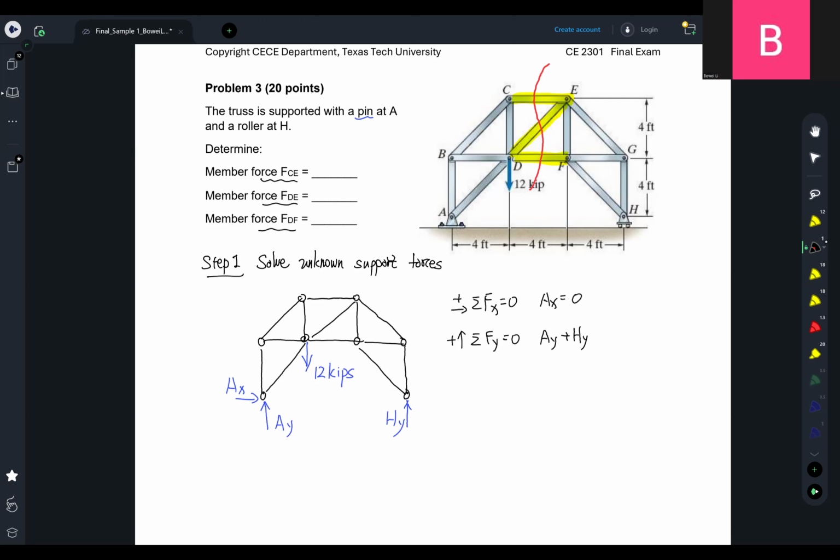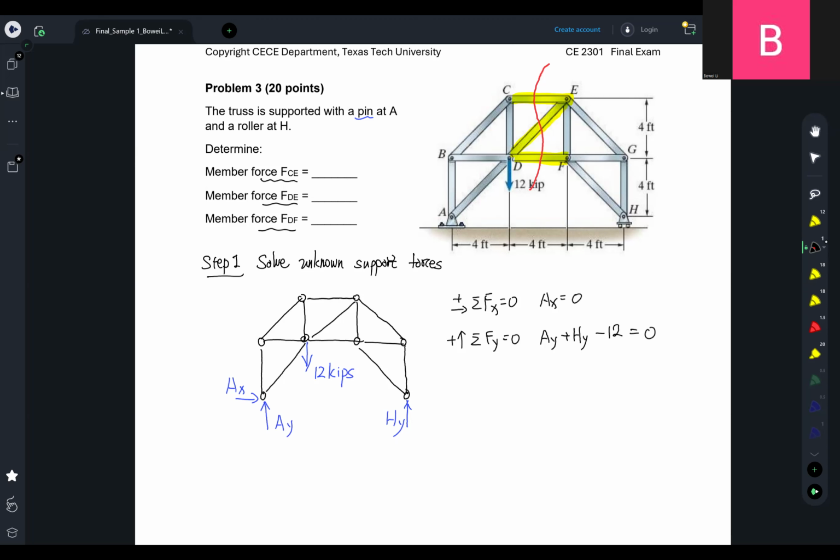And we have the external load of 12 kips going downward, so it is negative. We only know that the two forces along the y direction sum to 12, as the total equals 0. How would the two forces be distributed?